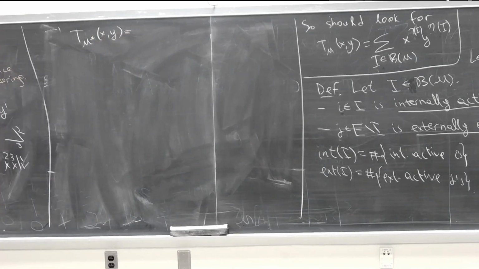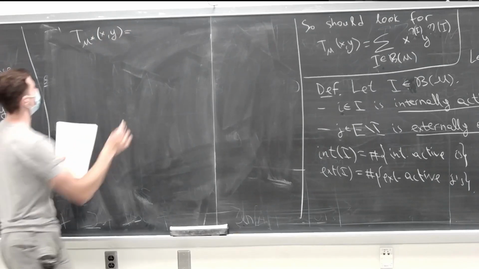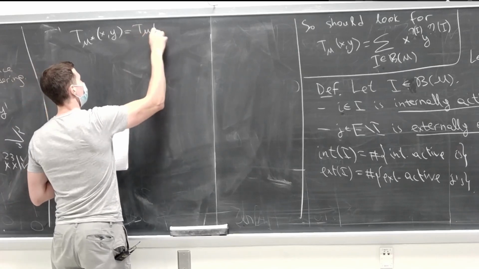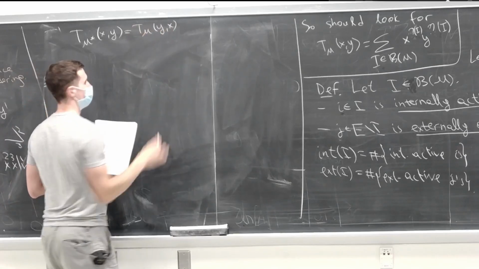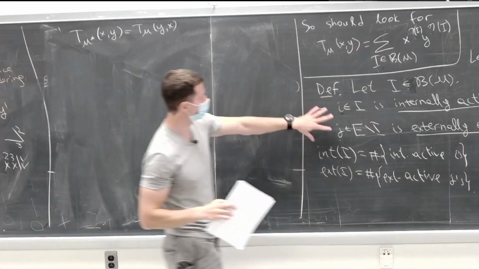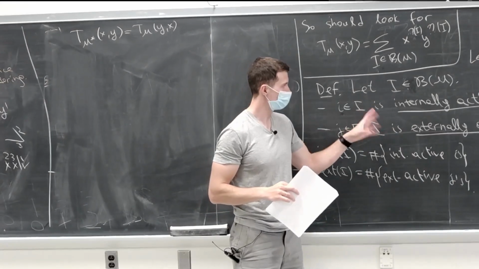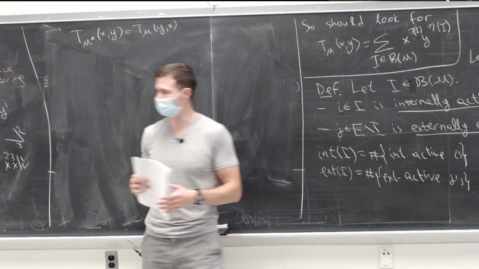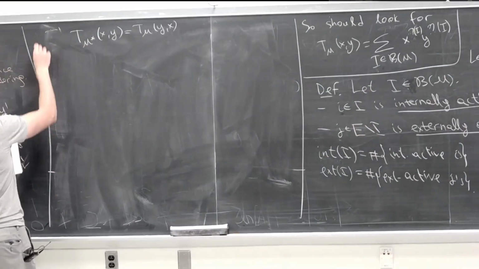You have to switch x and y. Nice. And why is that? Right, if you just look at these two definitions, taking complements of bases exactly switches internal and external activity. That's a corollary.